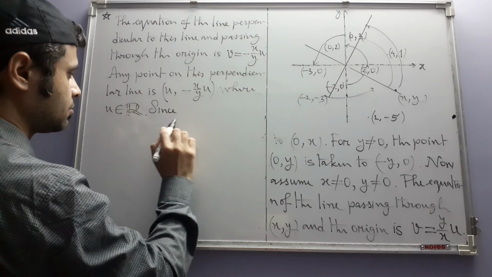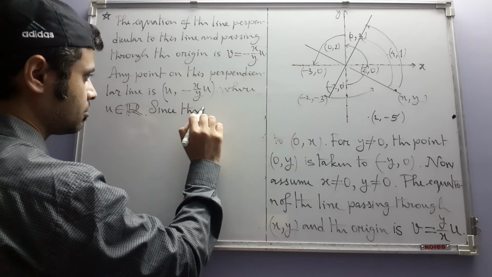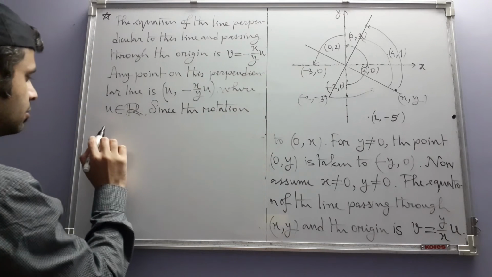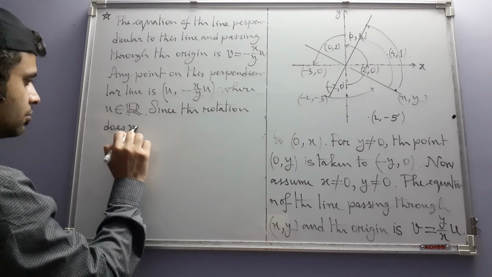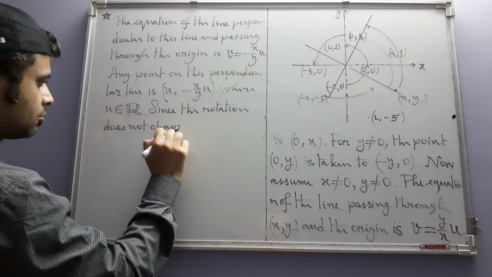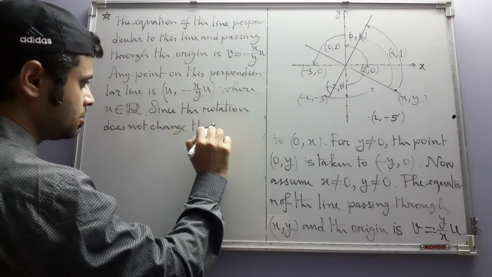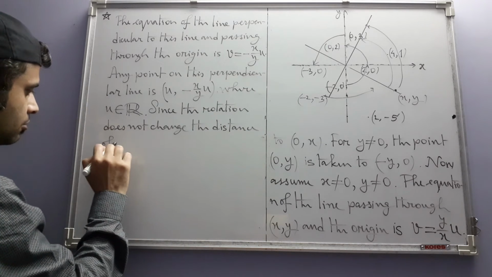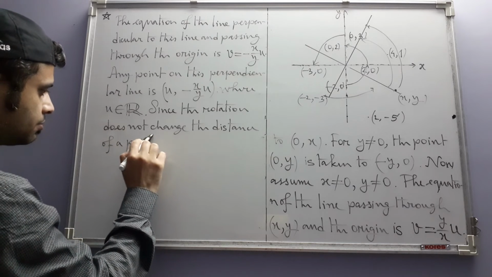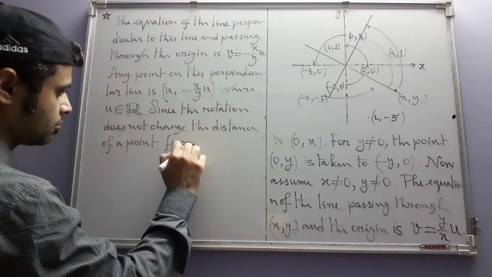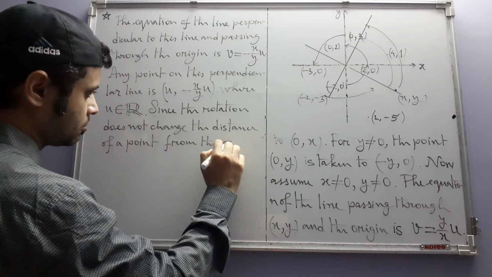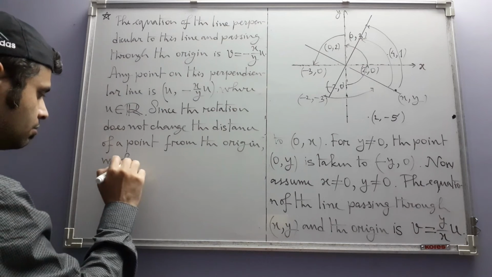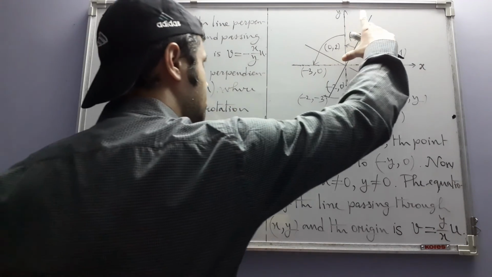Since the rotation does not change the distance of a point from the origin, we have, what is this distance?